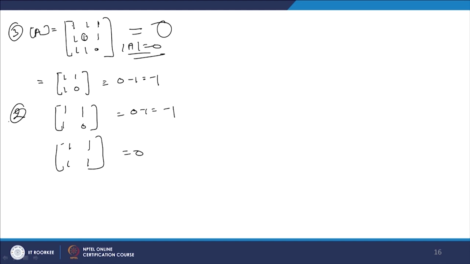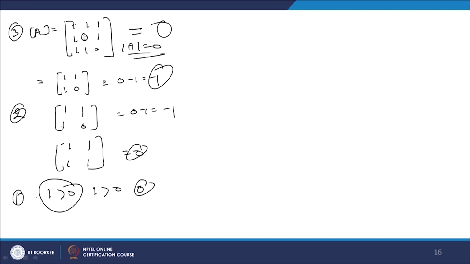And now, the principal minors of order 1: this is 1, greater than 0, this 1 is also greater than 0, and this one is 0. That means we find some minors equal to 0, some equal to minus 1, and some equal to 1, greater than 0.